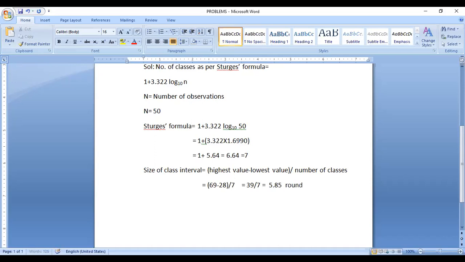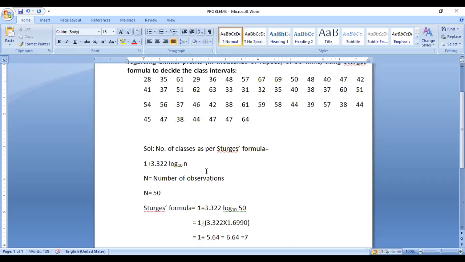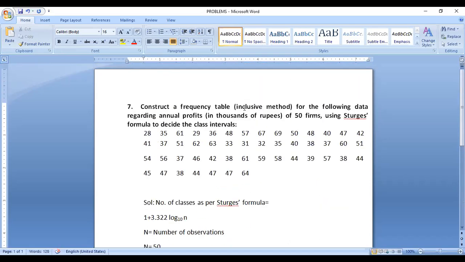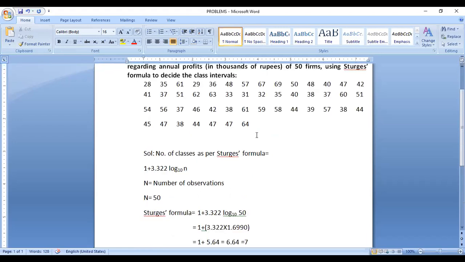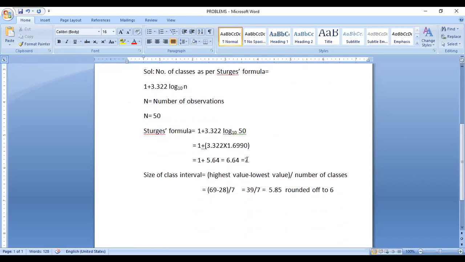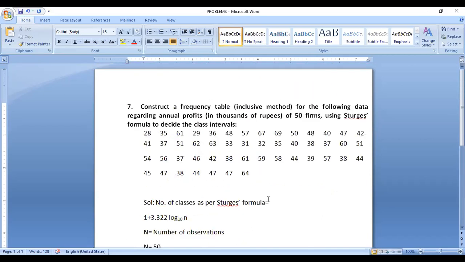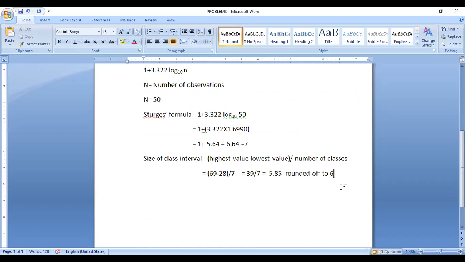So you can round it off to 6. 5.85 means it is more than 5.5. So we have rounded it up to 6. So now in that problem clearly it is mentioned inclusive method we have to follow. In the class interval we have found it as 6. 28, we should start with 28. So our frequency table will appear like this.